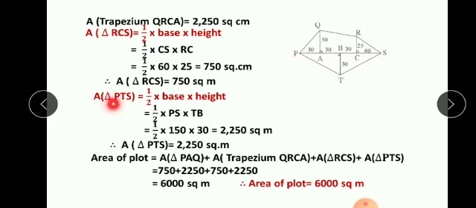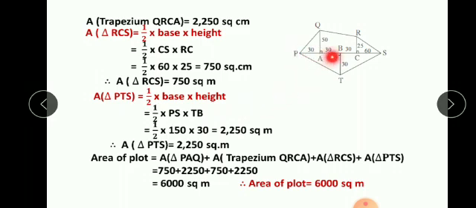Now the next triangle PTS. Area of triangle PTS is again half into base into height. So which is the base here? This complete PS is the base and height is TB. So half into PS into TB. Now substitute the values for PS and TB. What is the length of PS here?